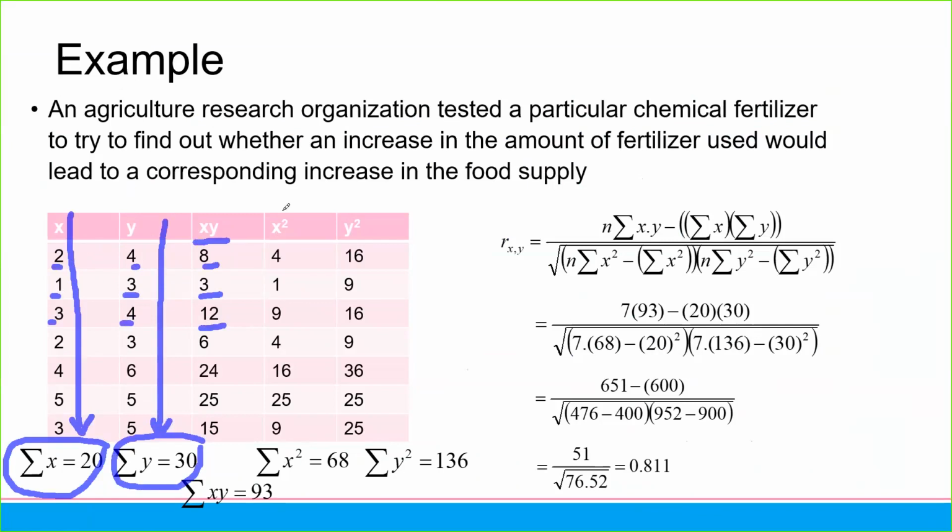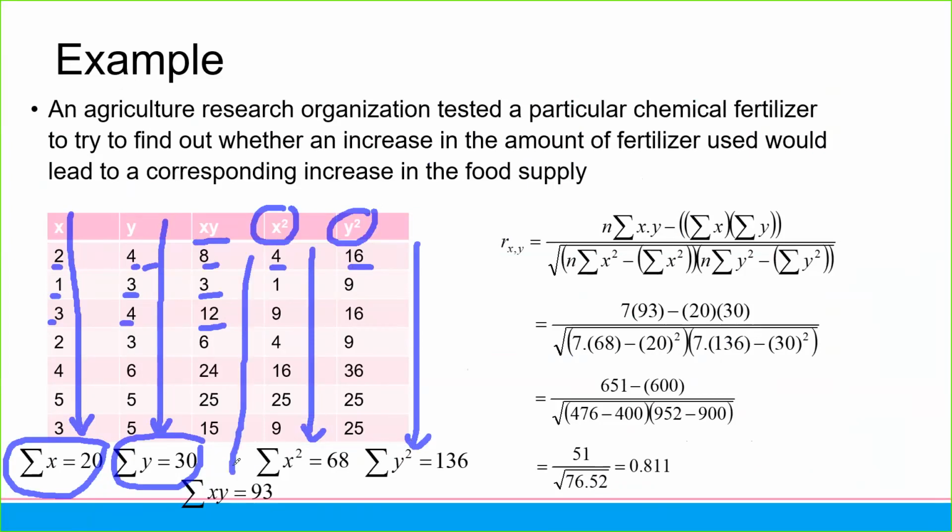And we also measure the X square and Y square. So 2 square is 4, and 4 square is 16. And then we will do the summation.